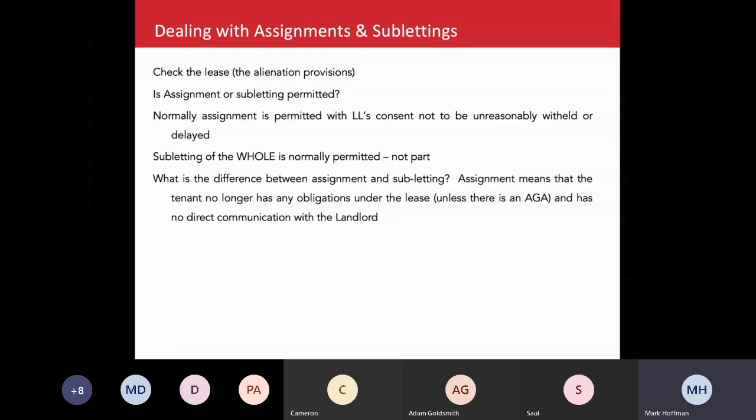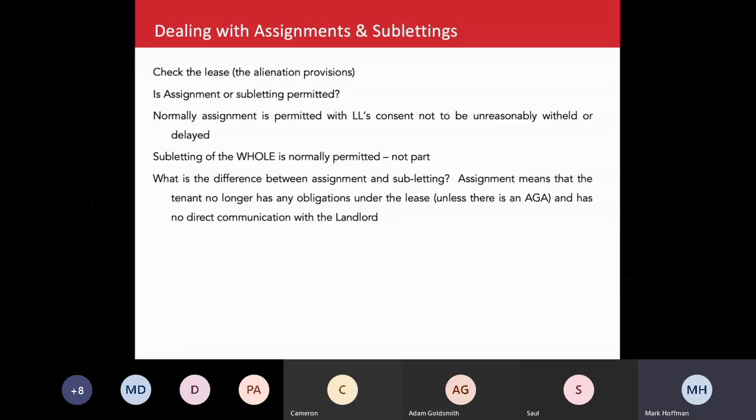So for example, normally assignment of a lease will be permitted subject to landlord's consent, not to be unreasonably withheld or delayed. Normally, subletting of the whole is permitted, not part.